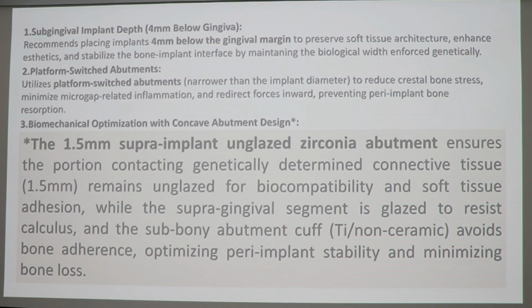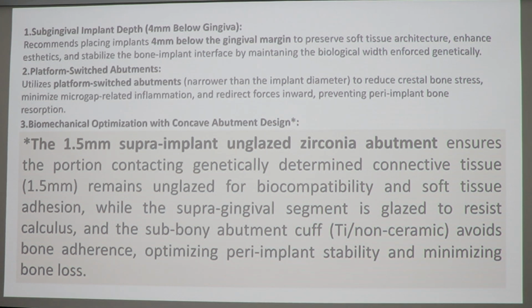The 1.5 millimeter supra-implant unglazed zirconia abutment ensures the portion contacting genetically determined connective tissue 1.5 millimeter remains unglazed for biocompatibility and soft tissue adhesion, while the supragingival segment is glazed to resist calculus, and the sub-bony abutment cuff, titanium or non-ceramic, avoids zirconia in the bone.